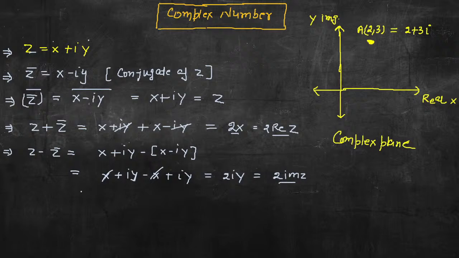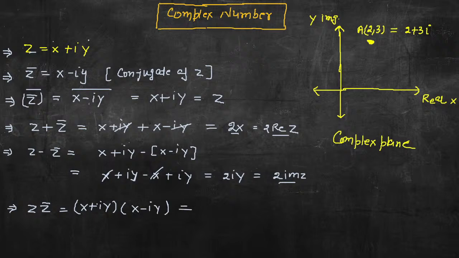Okay, clear? Now one more fundamental of the complex number, that is z into z bar. Sometimes we are taking a bar, sometimes adding both of them, sometimes subtracting both of them, and now I'm trying to multiply both of them. If I multiply, it becomes x plus iota y into x minus iota y.